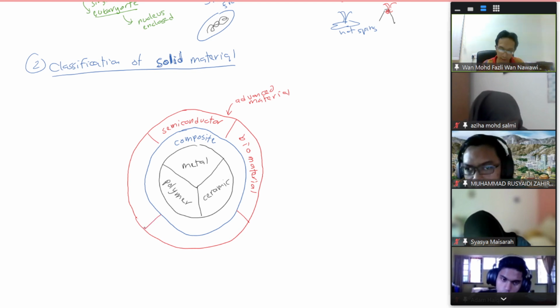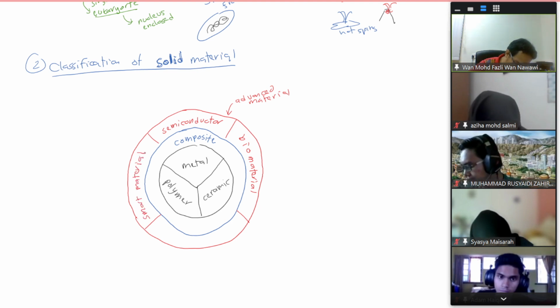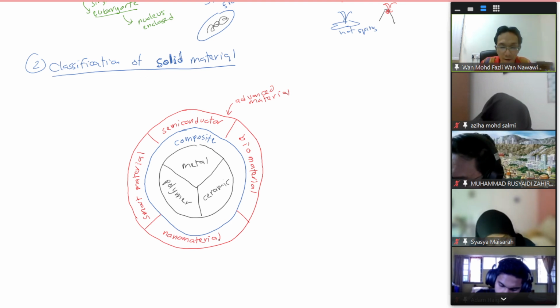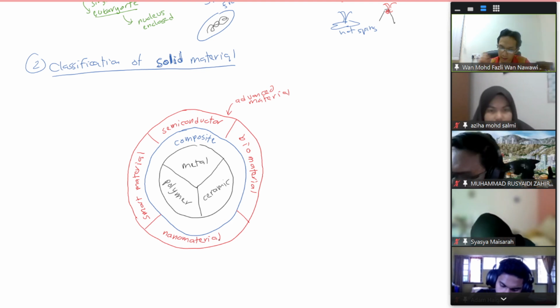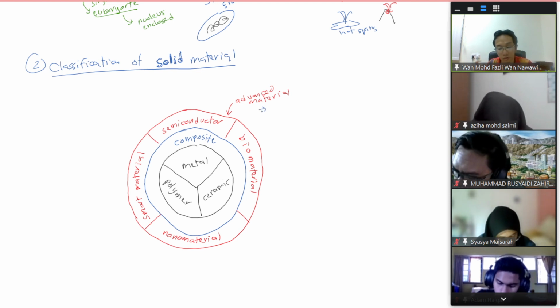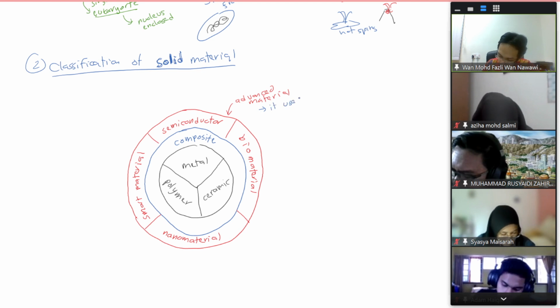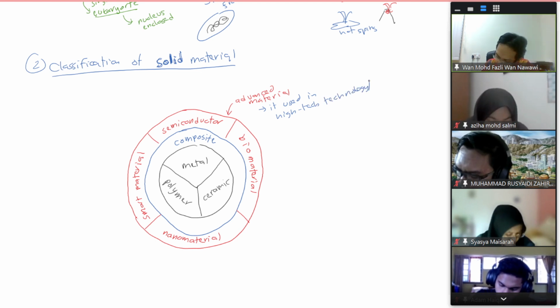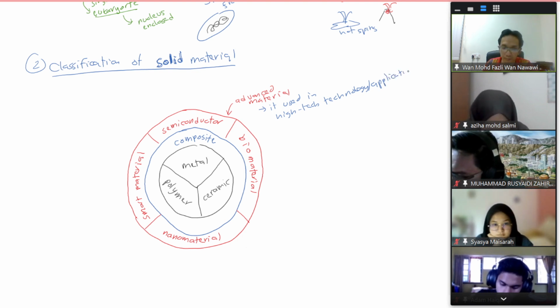And also you have smart material, and lastly you have nanomaterial. This is what we call advanced material. What classifies them as advanced is that they are used in high tech technology or application. So that is the generic classification that you need to know.